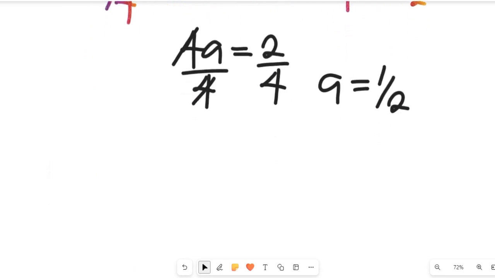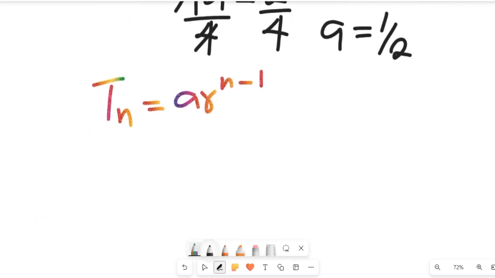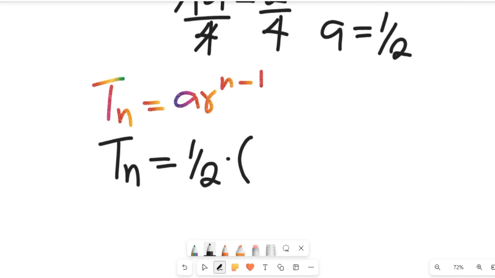Remember that the nth term, Tn, is equal to AR^(n-1). So the nth term of that expression will now be equal to the first term, 1 divided by 2, multiplied by the common ratio, 1 divided by 2, all raised to the power of n minus 1.